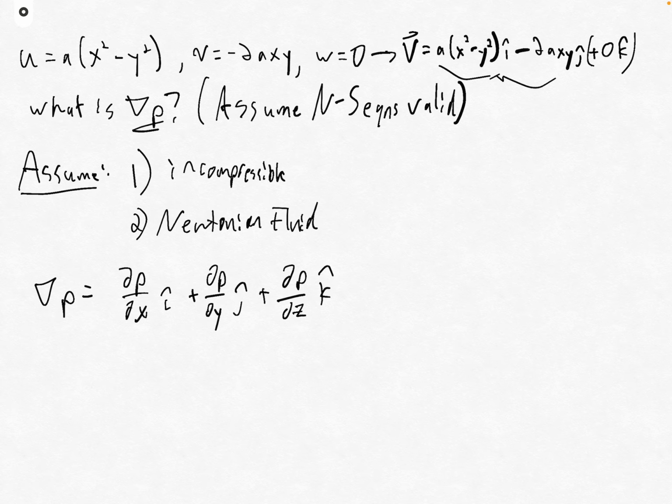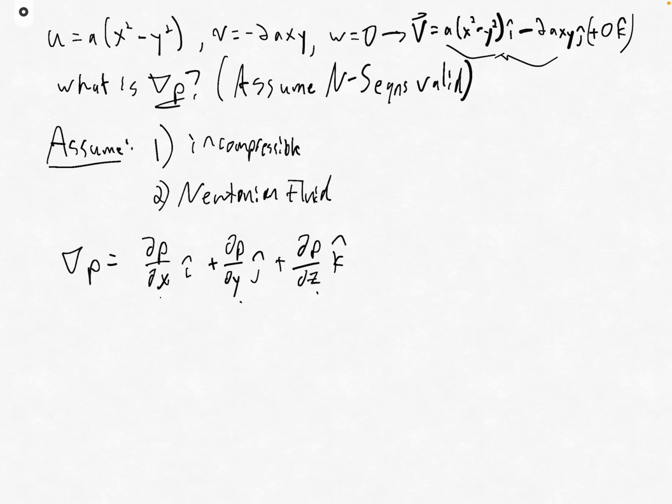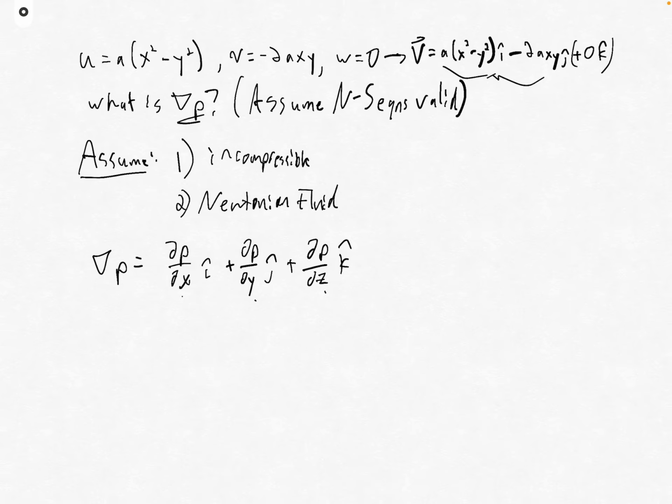And so our problem essentially is to find these three components, dP/dx, dP/dy, dP/dz. We can find them with Navier-Stokes. So to get started, let's write out the x component of the Navier-Stokes momentum equation.